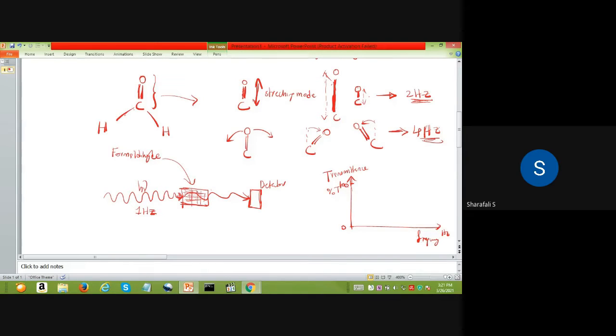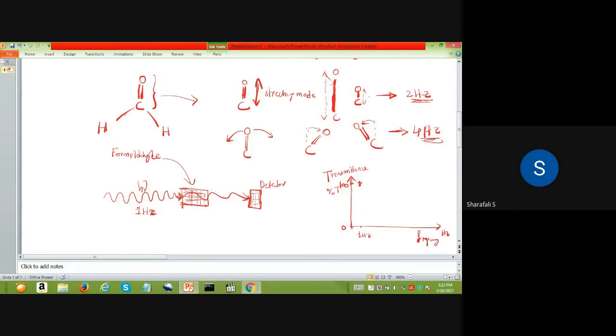It will not interact with this molecule because its stretching or bending frequencies are not equal to the incoming radiation frequency, which is 1 hertz. Okay, so this 1 hertz will be detected by the detector, and if this is your 1 hertz, then you will get the maximum transmittance, because all the radiation at 1 hertz will be transmitted through the sample. It will not get absorbed.